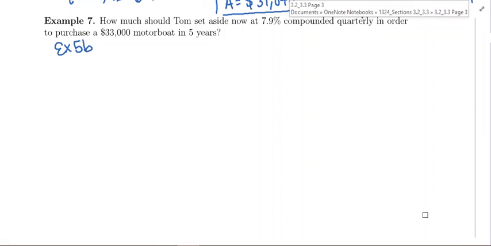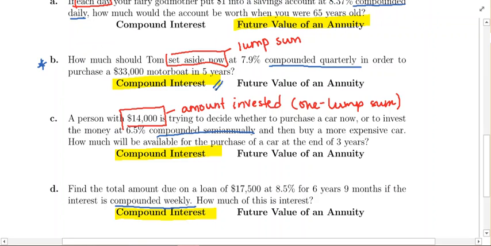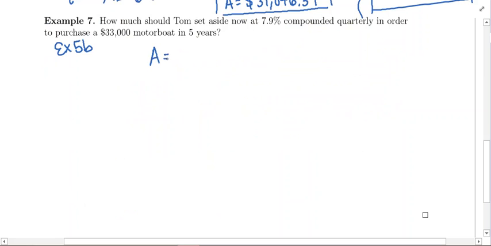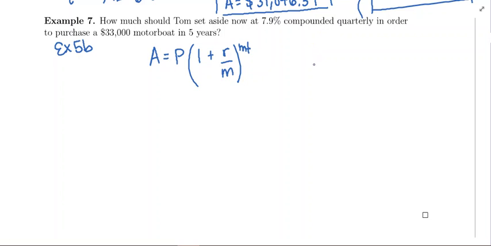Like I said, when we were over there, we decided that it was indeed compound interest. Let us remind ourselves why this is a compound interest problem as opposed to a future value of an annuity problem. Tom wants to save up for a motorboat at 7.9% interest, compounded quarterly.